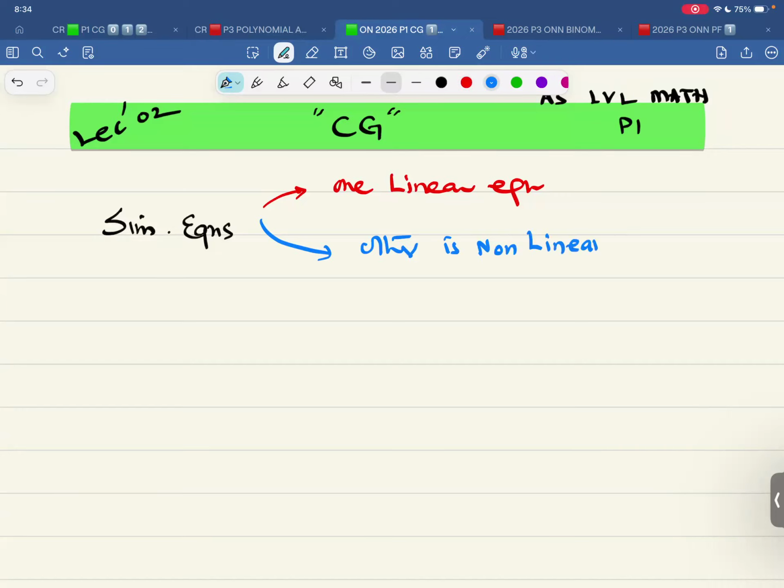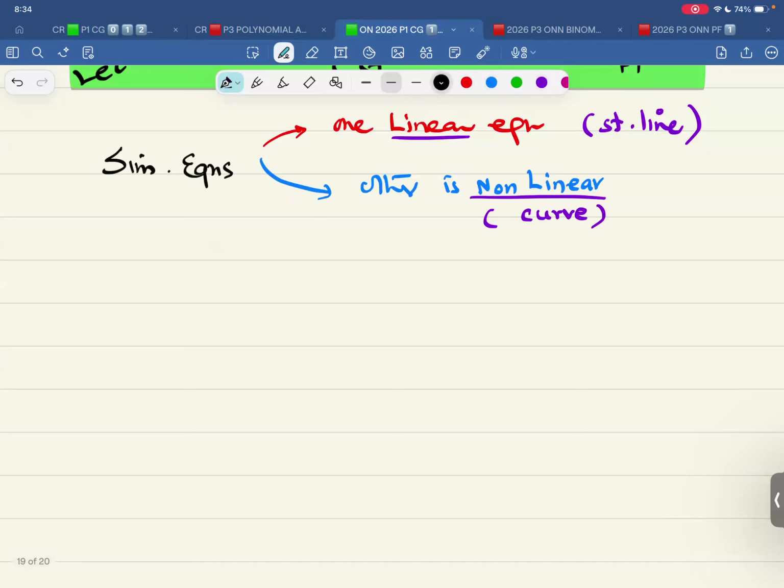It could be quadratic, it could be anything else. It's not the equation of a straight line. So I hope everyone is aware of the terminology. Linear means straight line equation. Non-linear means equation of any curve.